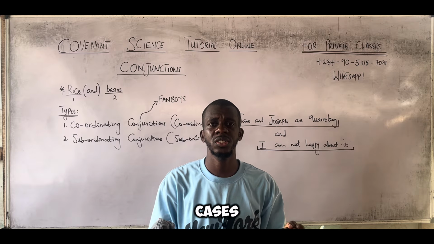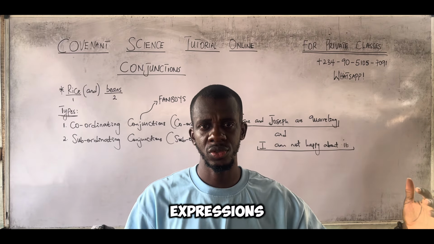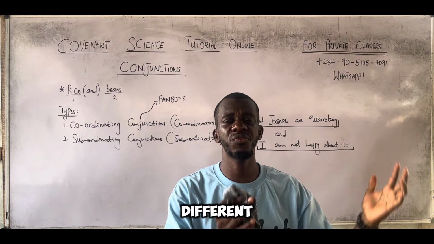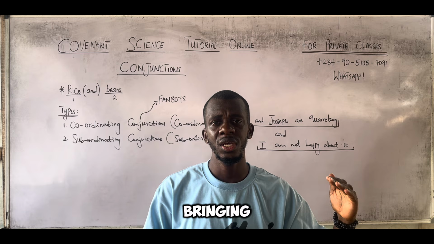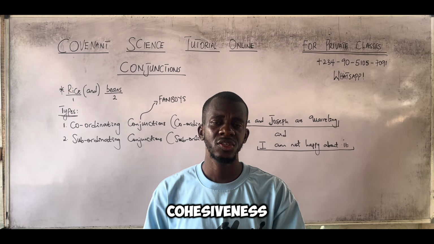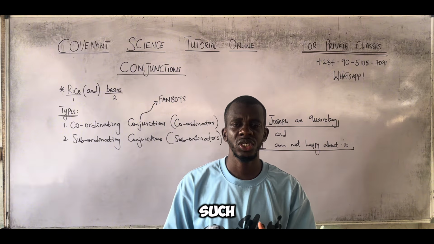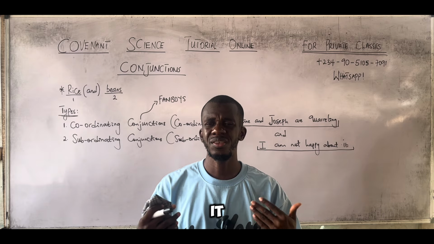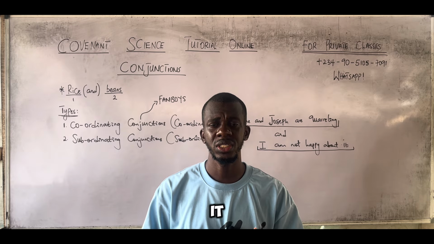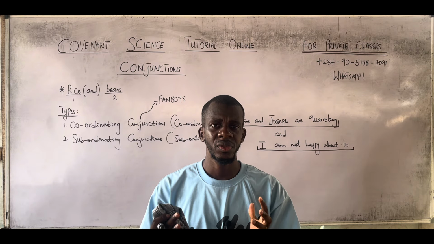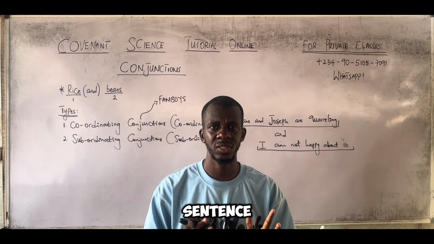In some other cases, it does not just link words, it links expressions. That is to say, it links different parts of a sentence, thereby bringing a form of cohesiveness, such that when anybody reads such a sentence, it makes complete sense and, more so, it is better organized. Conjunctions help to organize parts of a sentence.